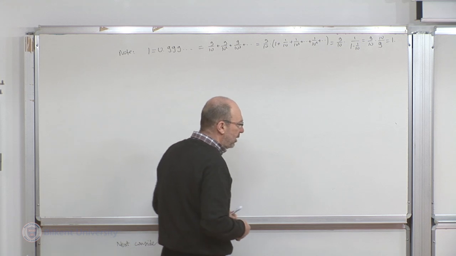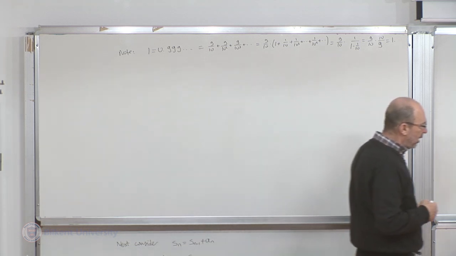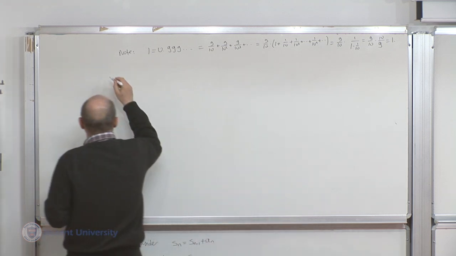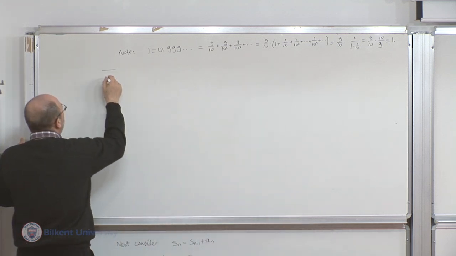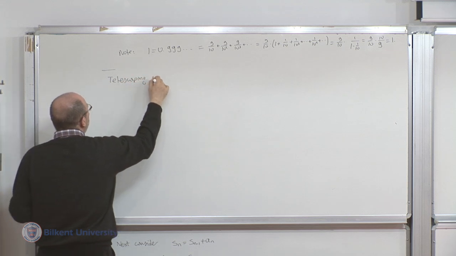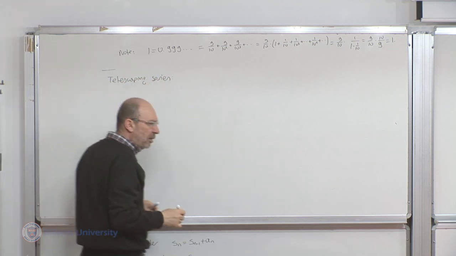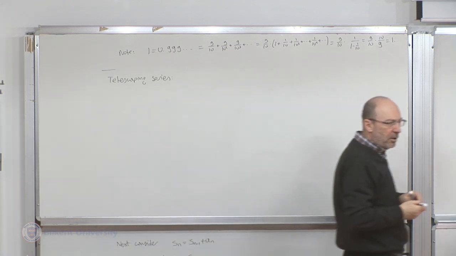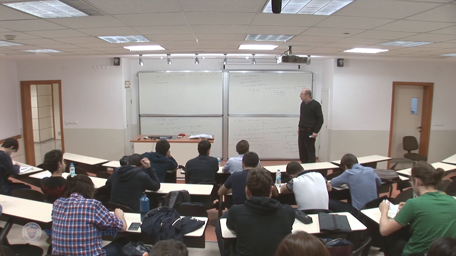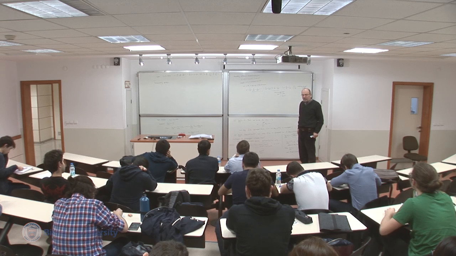Another series that we can calculate explicitly is known as a telescoping series. Theoretically, this is not very important because next hour, or maybe later this week, we'll find the general theorem which says that telescoping series are convergent.